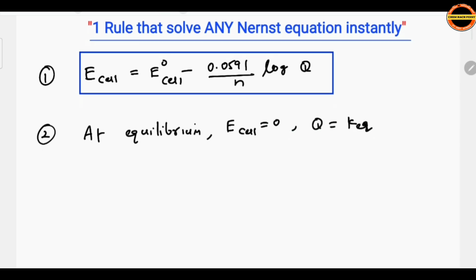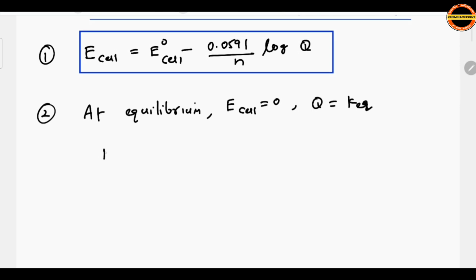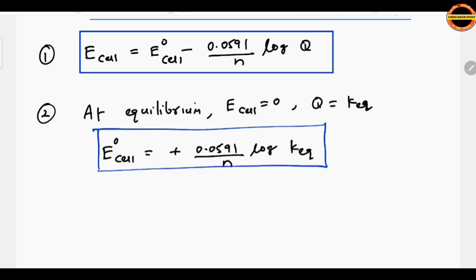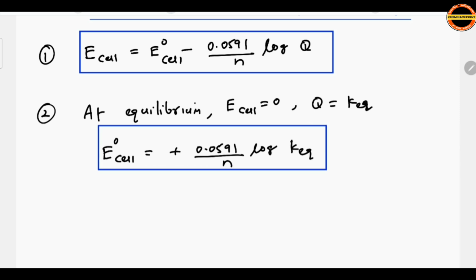So if we substitute the values, we are going to get E naught cell is equal to plus 0.0591 by the number of electrons involved, into log equilibrium constant. So one more expression we got here at equilibrium condition. If they specify the cell is at equilibrium, then we use this one.